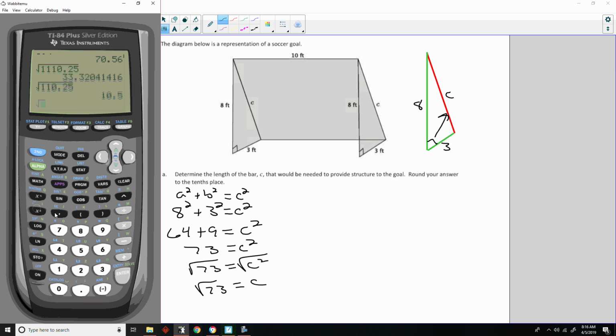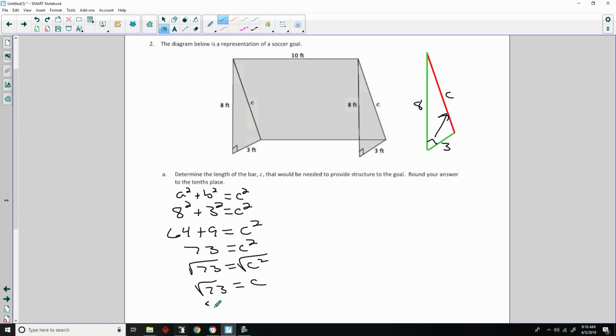Square root 73. Enter. 8.54. This 4 is the 100th place. It does not make the 5 round up. So 8.5 equals C. So the answer is 8.5.